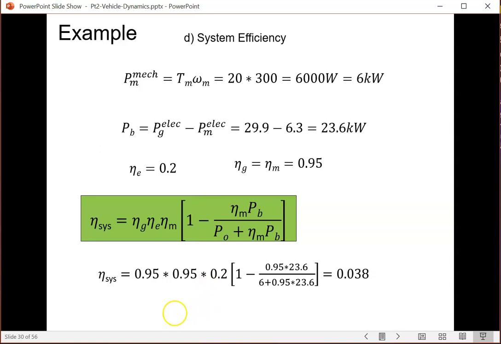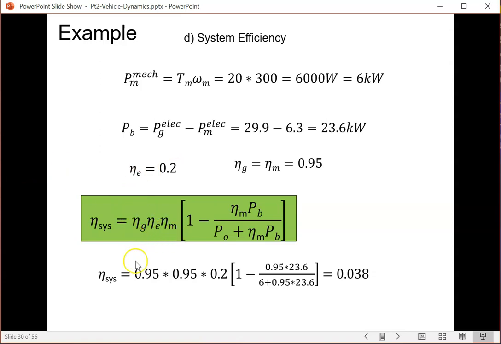So P naught in this equation, in this green box, is the mechanical power of an electrical motor. PB is the battery power, and all others will be the efficiency factors of different components. Okay, so we have eta G, eta E, eta M.